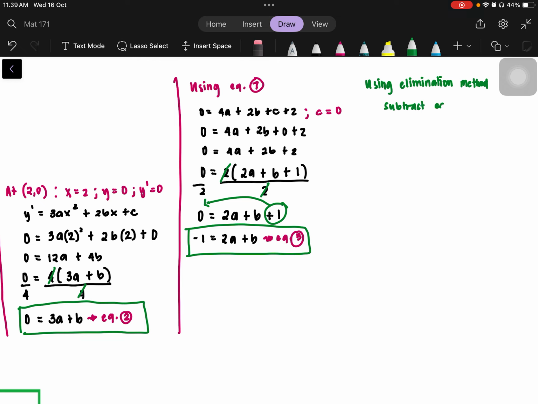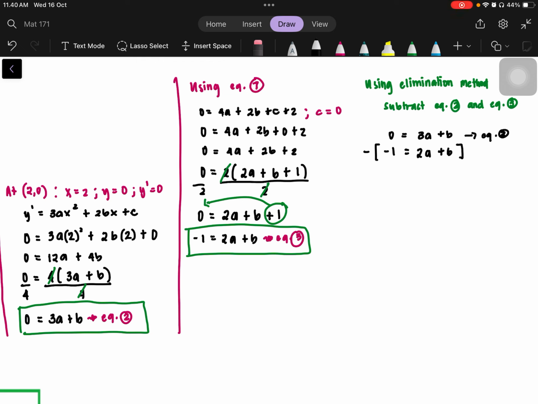I-subtract lang natin. Okay, subtract equation 2 and equation 3. So, paano siya? Lagay lang natin. We have 0 is equal to 3a plus b minus negative 1 is equal to 2a plus b.